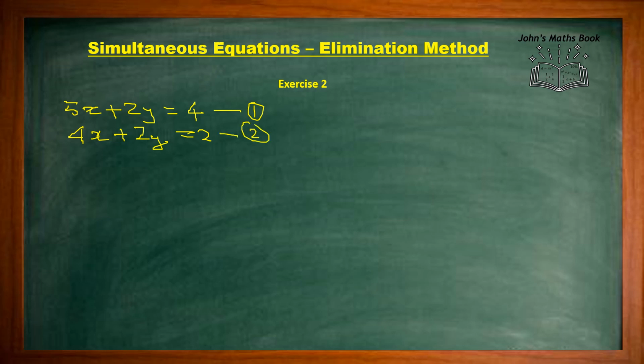So in this case, as we can see, the coefficients of the y term are exactly equal. So they're both plus 2. So the easiest way of eliminating a variable here is to eliminate the y variable by subtracting equation 2 from equation 1.